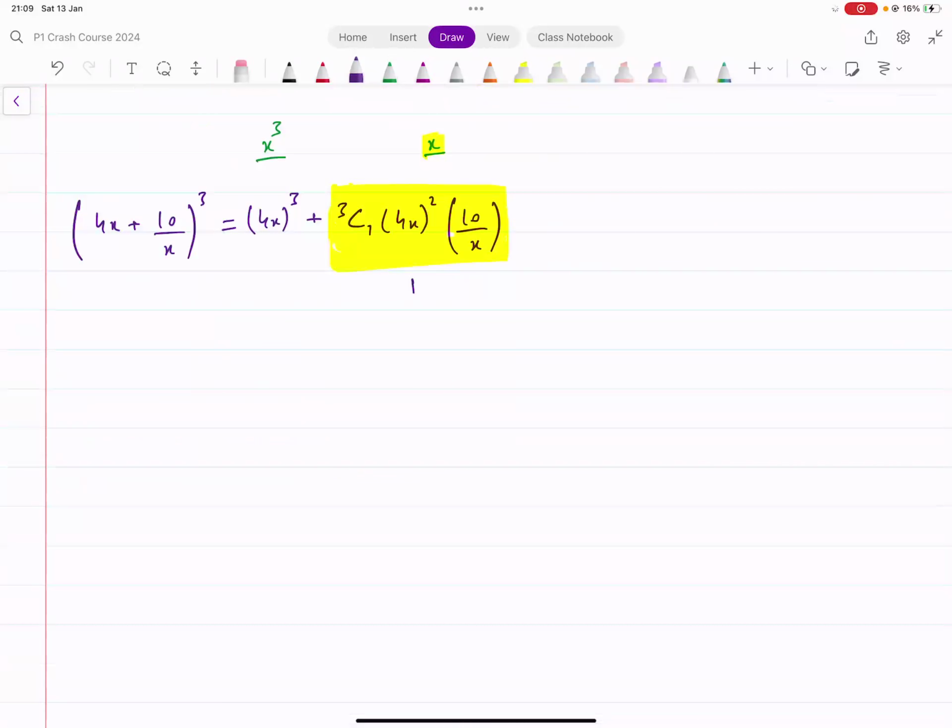Let's simplify this. 3C1 is just 3. (4x) whole squared gives us 16x squared, multiplied by 10 over x. x and x get cancelled. You have 1x left in the numerator. 3 into 16 is 48. 48 into 10, that's 480x.